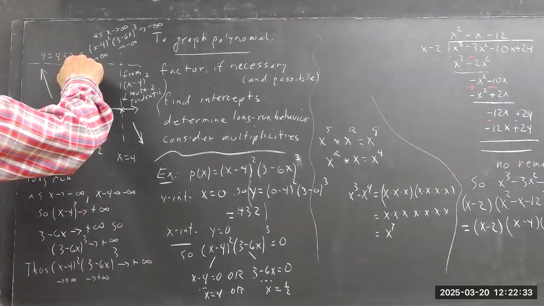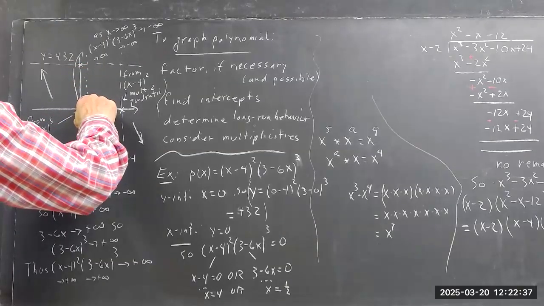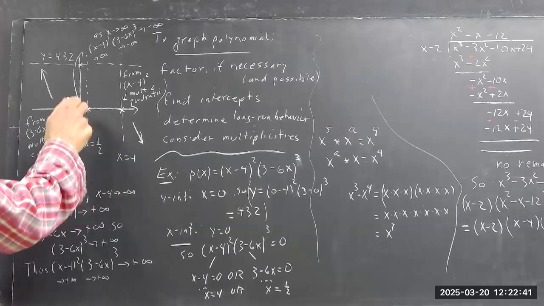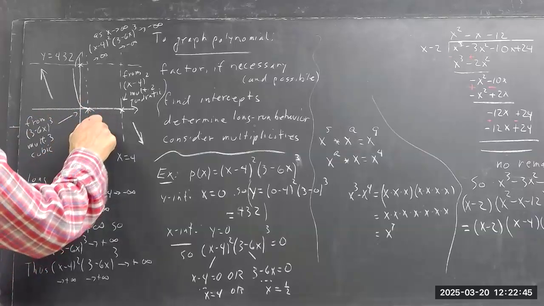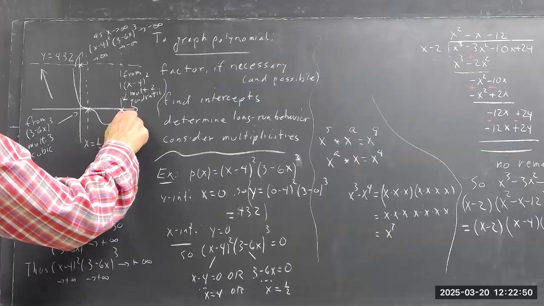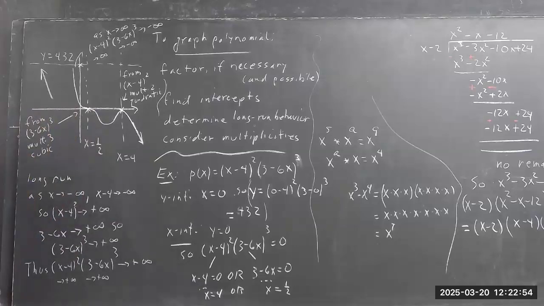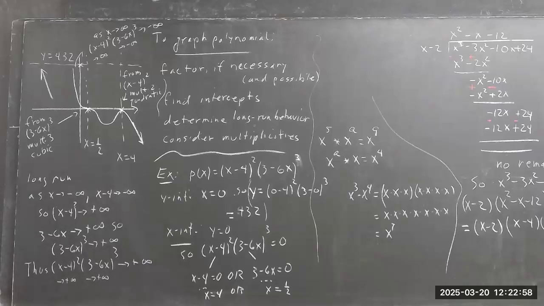So now we see that the graph comes down like so. Flattens out just for the instant when it goes through the x-axis, comes back down, turns around and comes up here, acts like a parabola here, acts like a cubing function here, and then goes on down again.